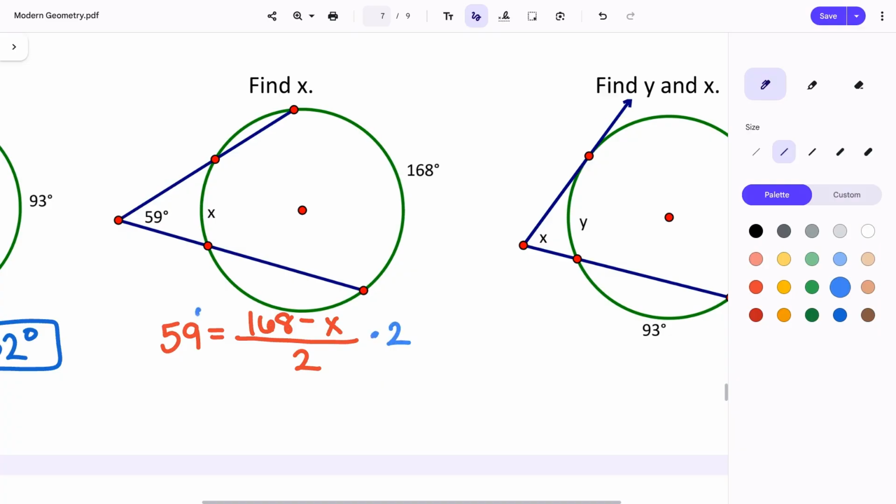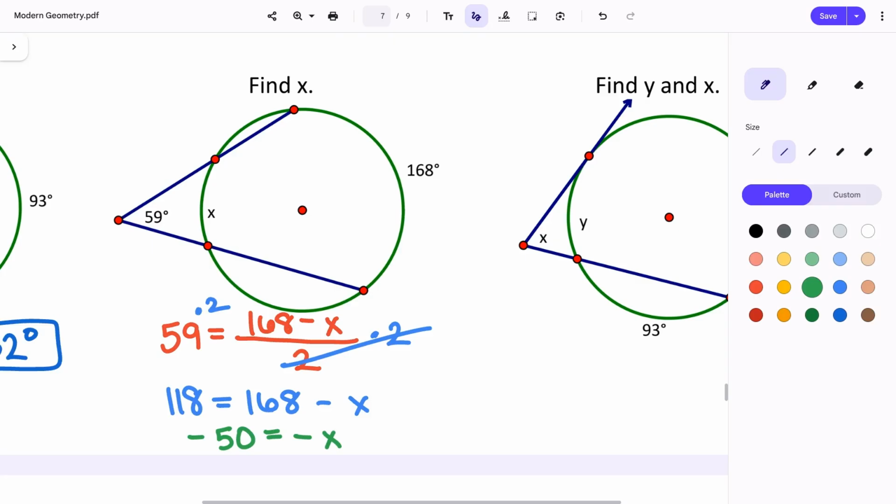Okay, I heard multiply by 2 first. That gets rid of that. It'd be the same thing if we were doing it times a half, just like we did on the example from up above. Okay, so then you had 118 equals 168 minus x. You subtracted 168, so 118 minus 168 is negative 50, and then this equals a negative x.